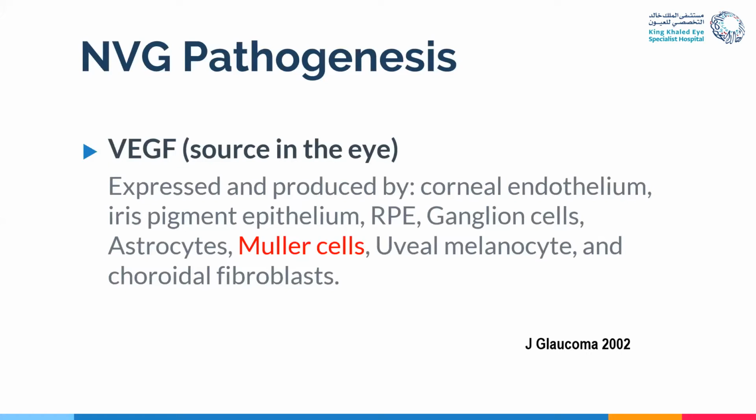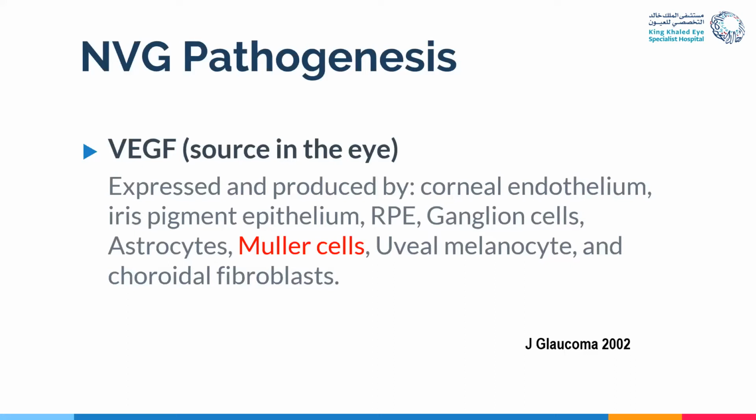This is usually secreted at physiological levels that are important for the life of the eye, as well as the whole body. Of course, it's secreted by other cells in the body, but in relation to the eye, these are the sources of the vascular endothelial growth factor.